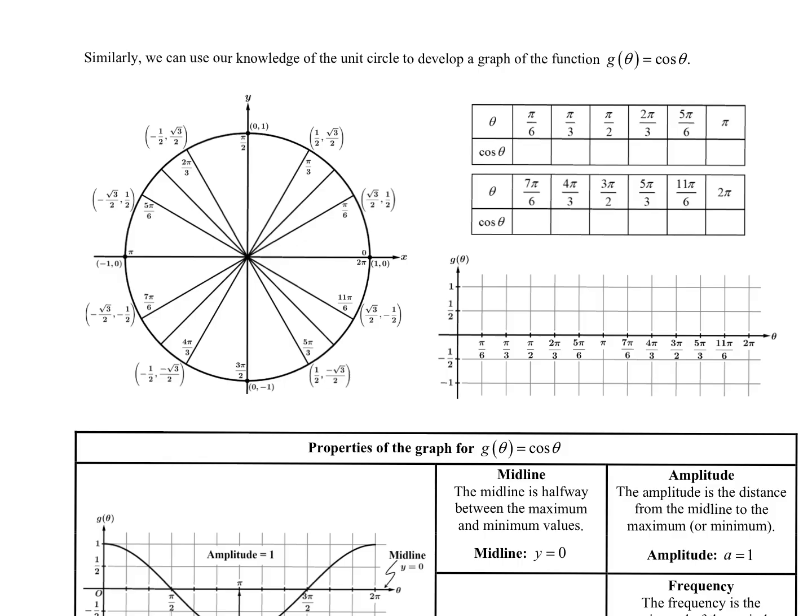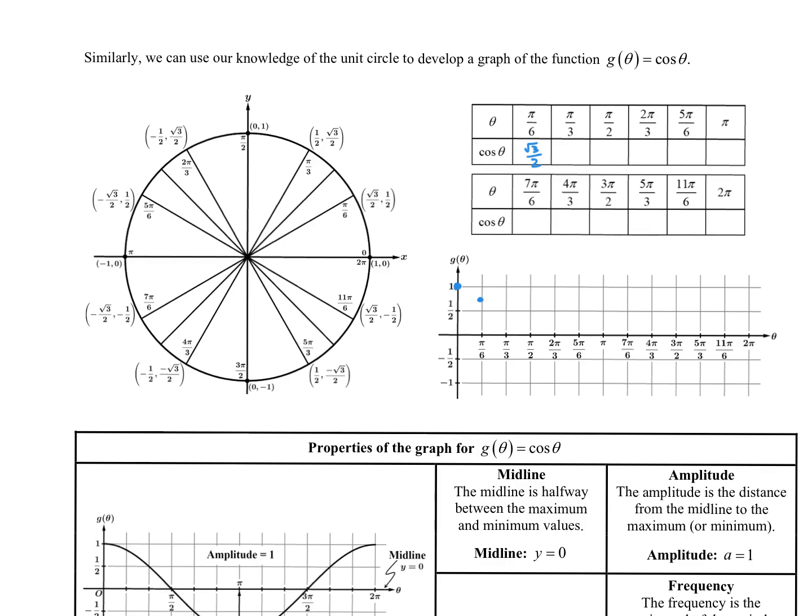All right, now let's talk about cosine. All right, so just like what we did with sine, we're going to do the same thing with cosine. Cosine deals with what value again? The x. So what's cosine of 0? 1. And so we got 1 where it starts out at. And then what's the cosine at pi over 6? Square root 3 over 2.